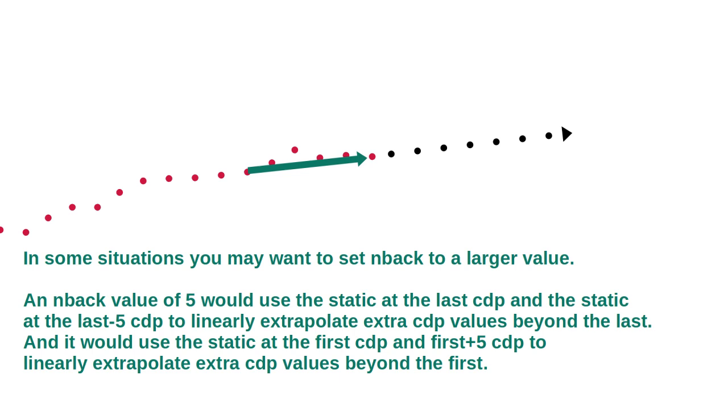In some situations, you may want to set n-back to a larger value. An n-back value of 5 would use the static at the last CDP and the static at the last minus 5 CDP to linearly extrapolate extra CDP values beyond the last. And it would use the static at the first CDP and the first plus 5 CDP to linearly extrapolate extra CDP values beyond the first.